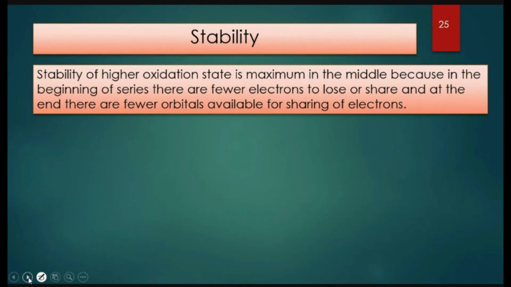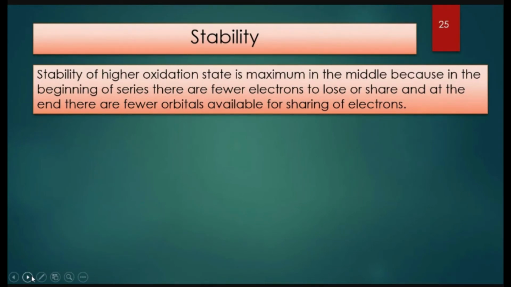So here the stability depends on the availability of the number of unpaired electrons, because when there is a larger number of unpaired electrons, that leads to the sharing or losing of electrons, which leads to stronger bond formation so as to attain stability. That is why it states that stability of higher oxidation state is maximum in the middle, because in the beginning of the series there are fewer electrons.